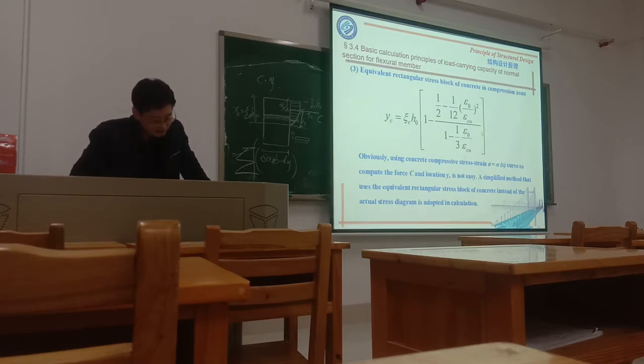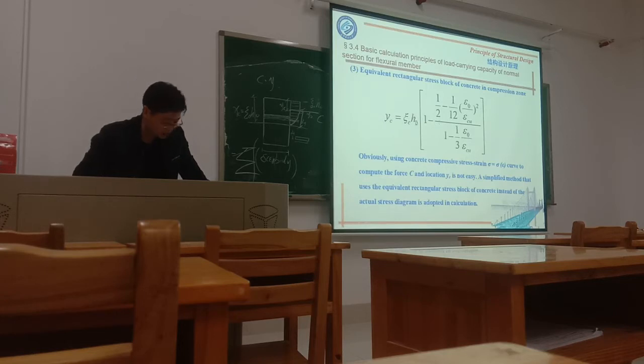But actually, you see, in this formula, it's simple. Only sigma 0, epsilon 0 equals CU, and also CC. Only these three symbols you must know, the others are just values. And H0.